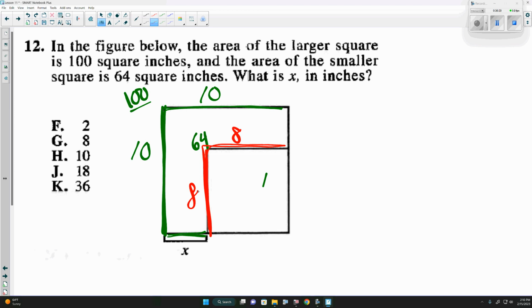So Cody, what's x? What is 10 minus 8? Yep.